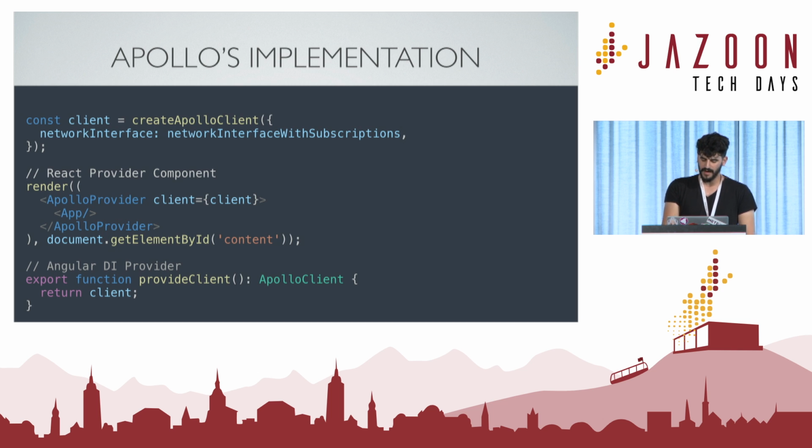And using either Angular or React, I'm not going to get into comparison wars or something, we just provide the Apollo client to our components. So the middle block would be for React, and the later one would be for the Angular dependency injection provider. And it's just a simple object that you can depend on whatever UI you have.